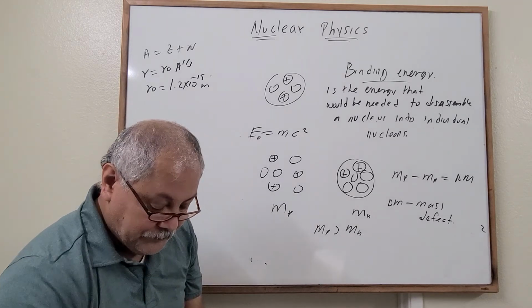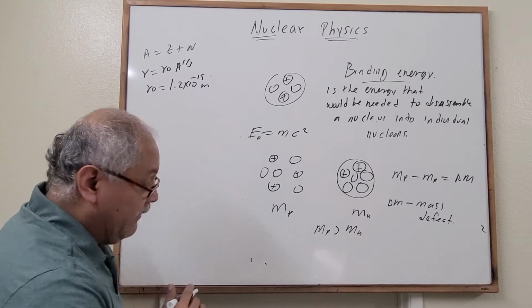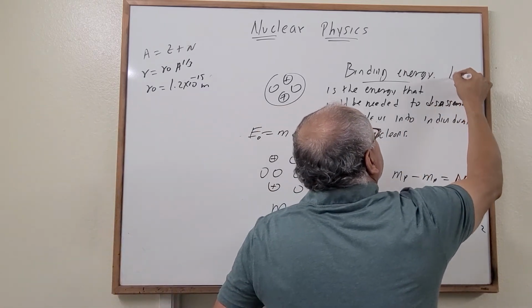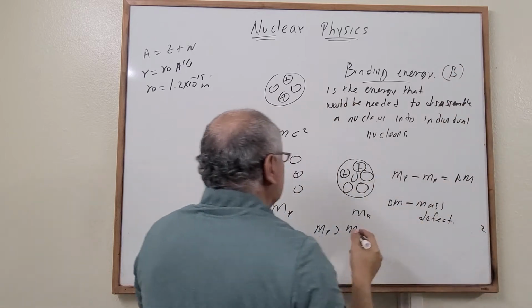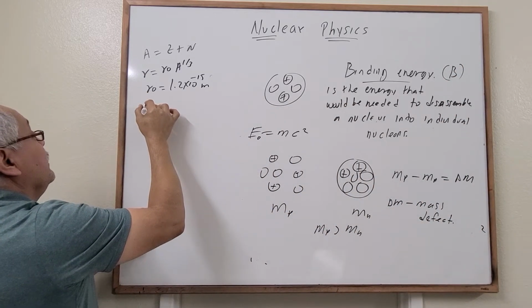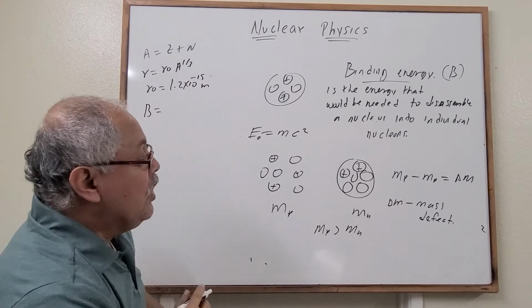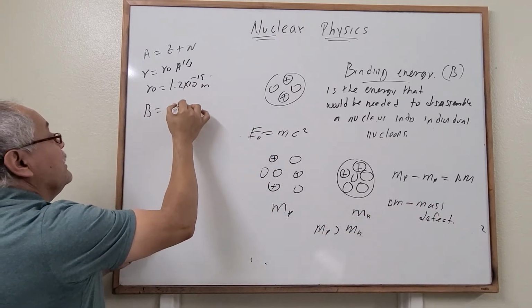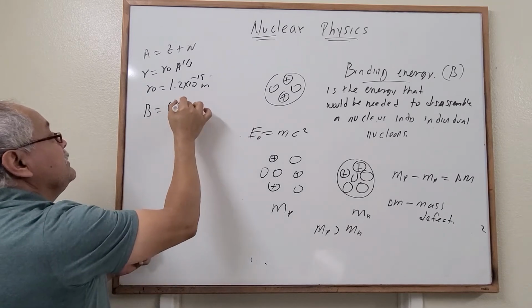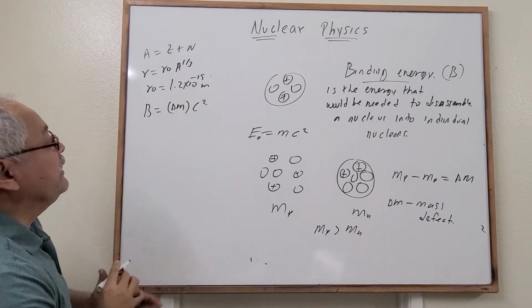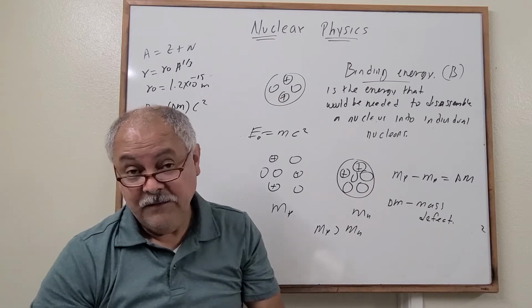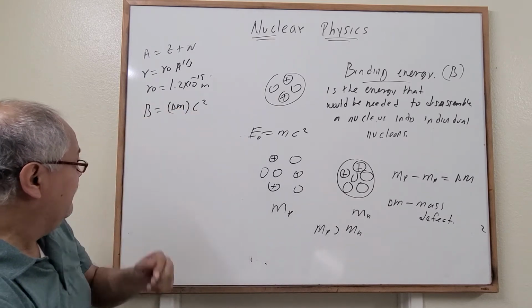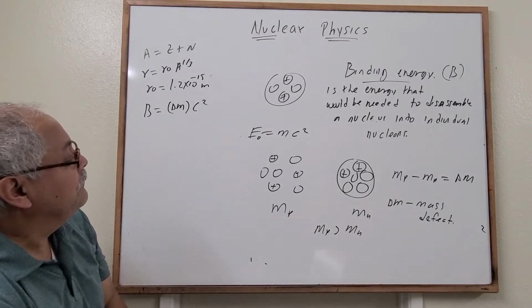Let's represent the binding energy by B. So the binding energy is equal to the mass defect times c squared. Remember, c is the speed of light in vacuum. And we can define the binding energy in this way.